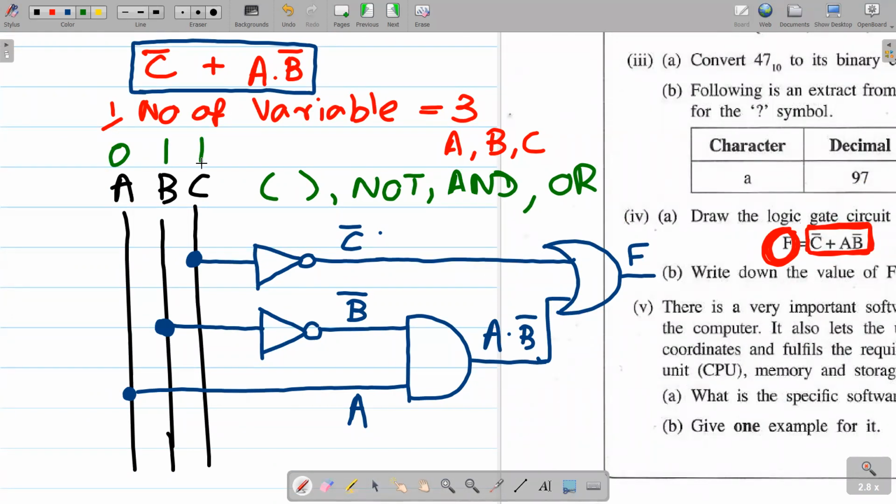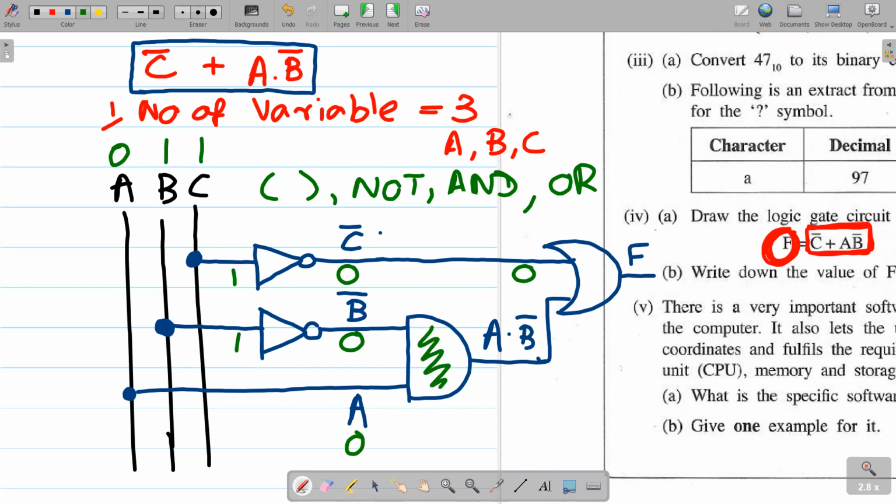If c is 1, you will be receiving 1 over here, and you will be receiving 0 over here, which brings a 0 to this point. If b is 1, that means 1 will be received over here, 0 over here. If a is 0, you are receiving a 0 over here.